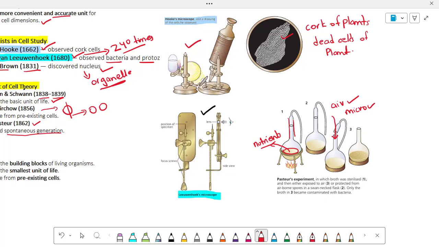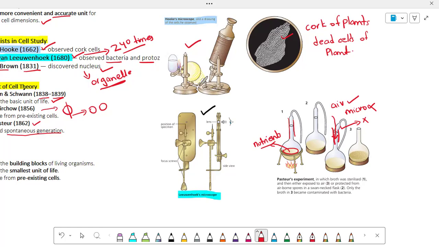Why? Because the neck of the flask was very narrow, so microorganisms could not enter. What he observed was that no microbial growth occurred, and it proved that microorganisms come from existing microbes in the air, not from spontaneous generation.